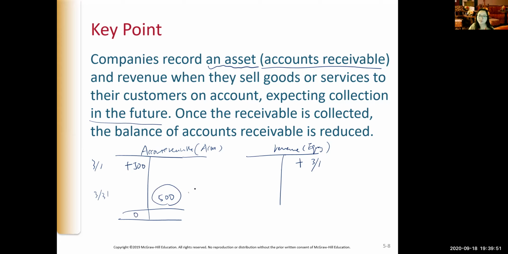So when the customer pays you cash related to what they owe, you should reduce, or credit, accounts receivable.